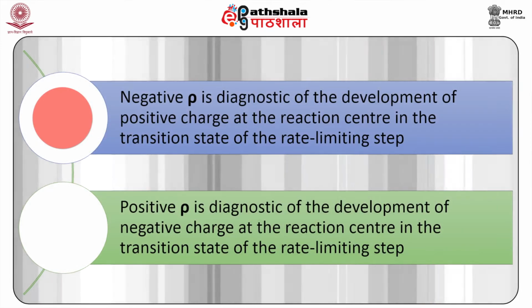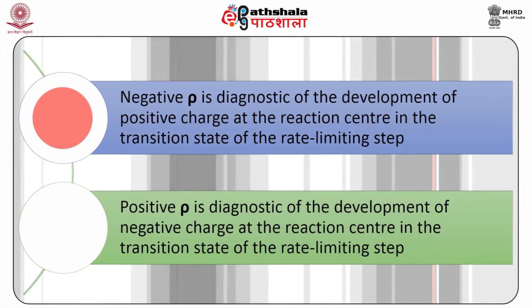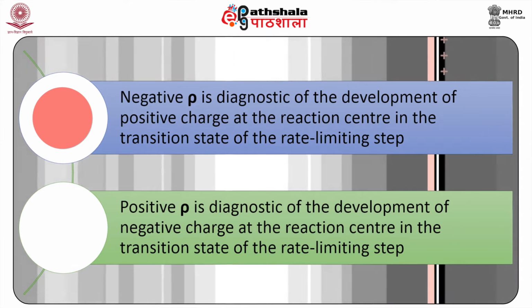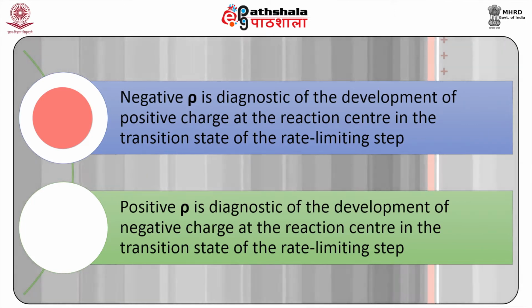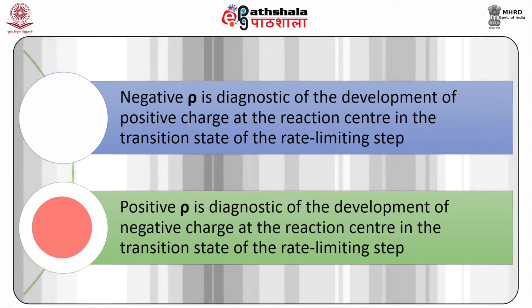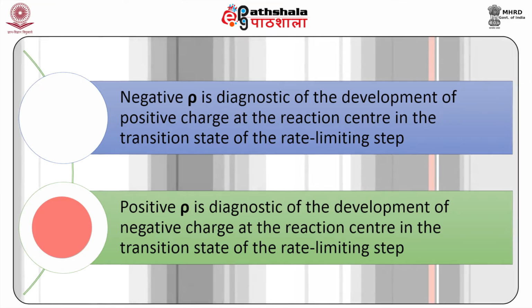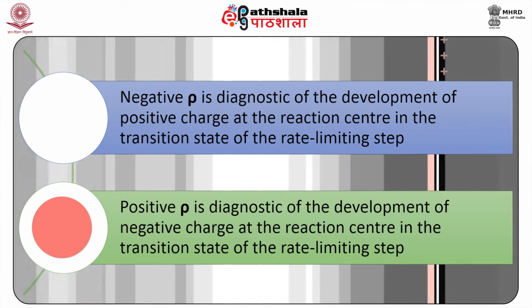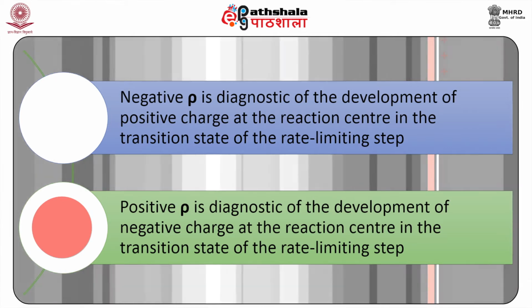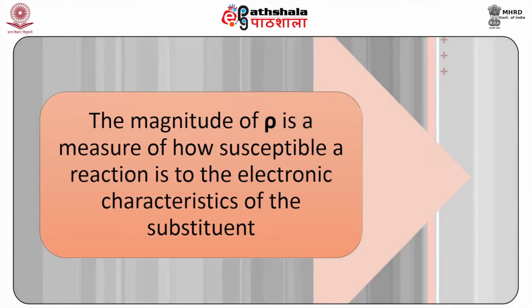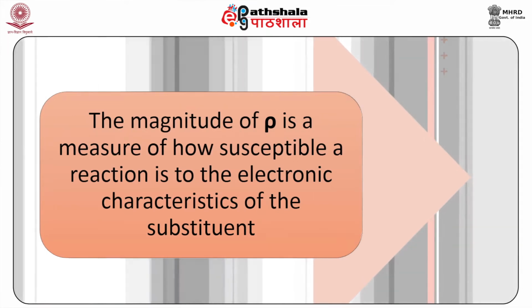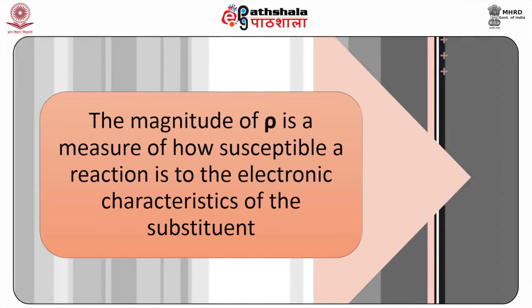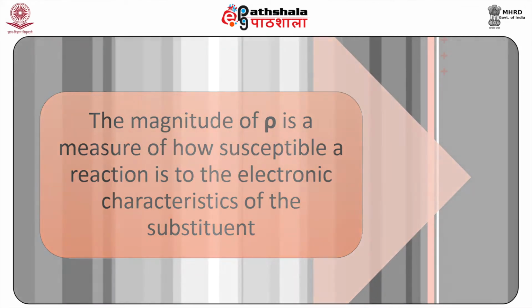Negative rho is diagnostic of the development of positive charge at the reaction center in the transition state of the rate limiting step. However, a positive rho value is diagnostic of the development of negative charge at the reaction center in the transition state of the rate limiting step. The magnitude of rho, students, is a measure of how susceptible a reaction is to the electronic characteristic of the substituent.